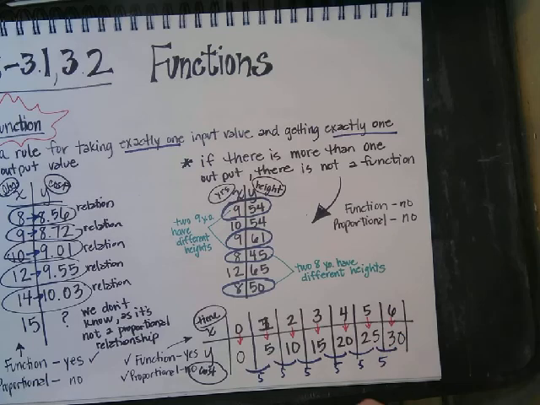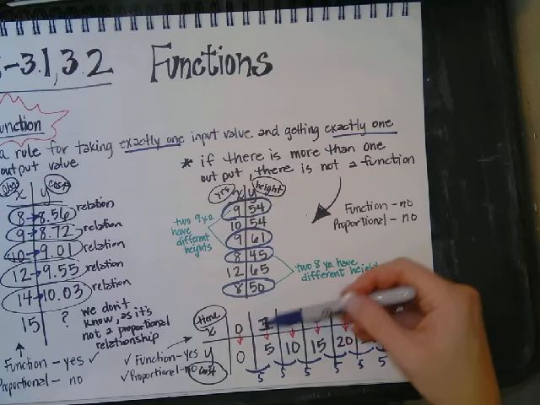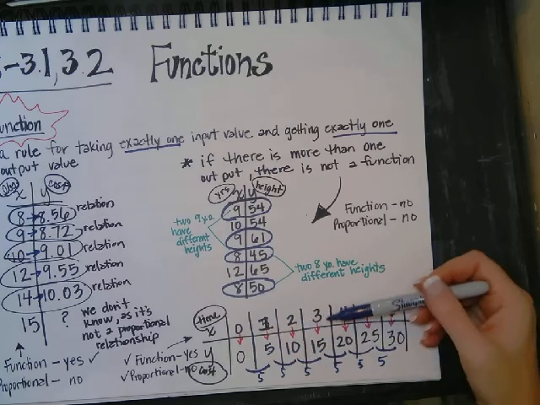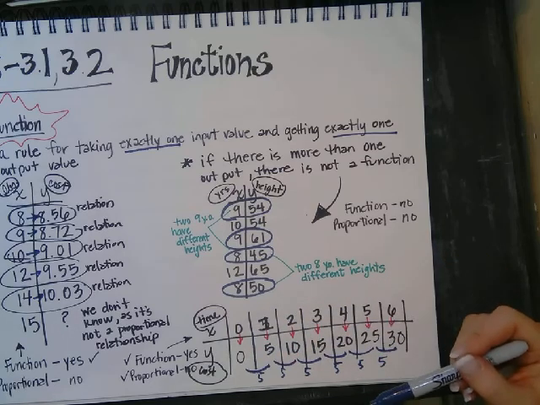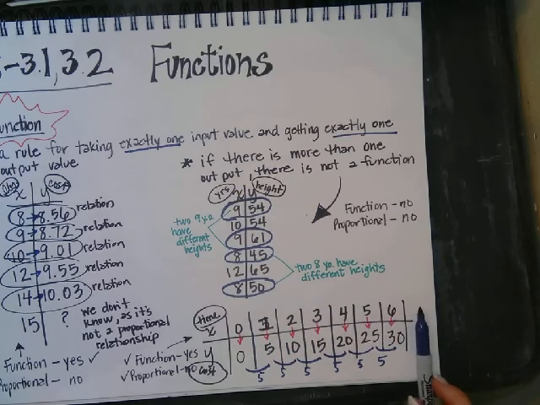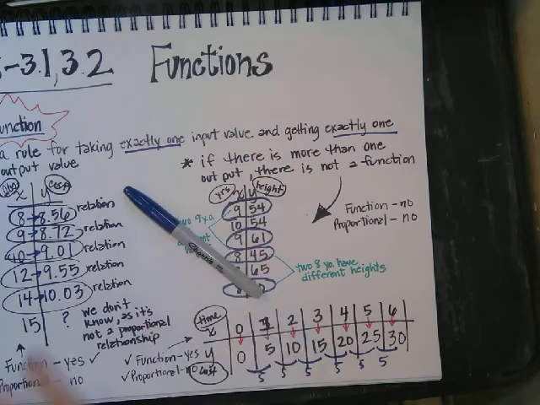And because it's going up by 5 each time, we're showing that it's proportional, and we have one exact value for the inputs and the outputs, so it is a function. So this is an example of both a function as well as a proportional relationship.